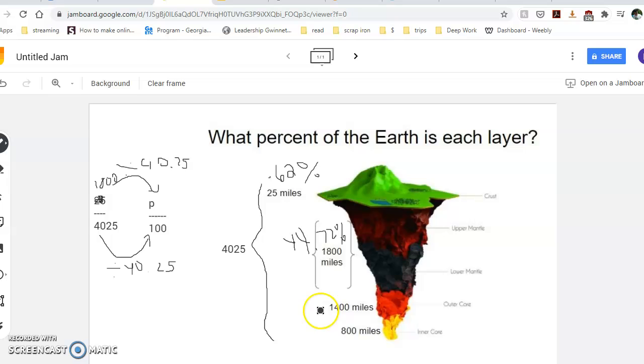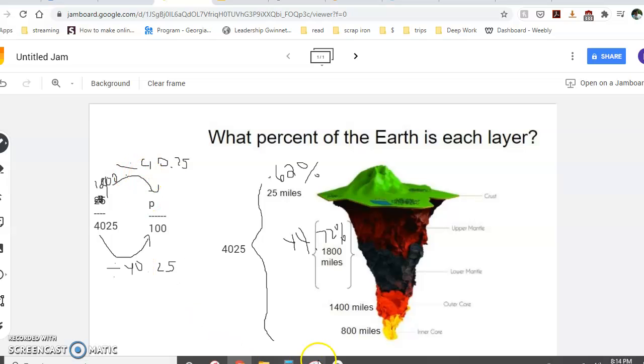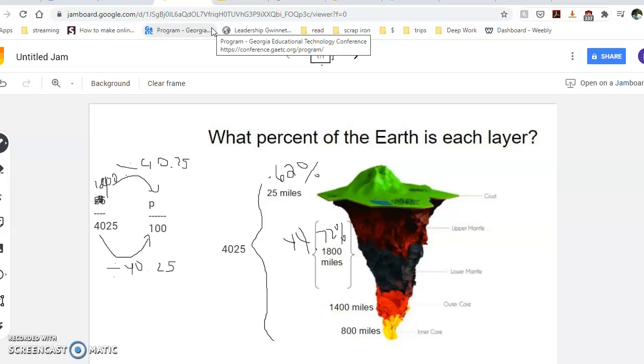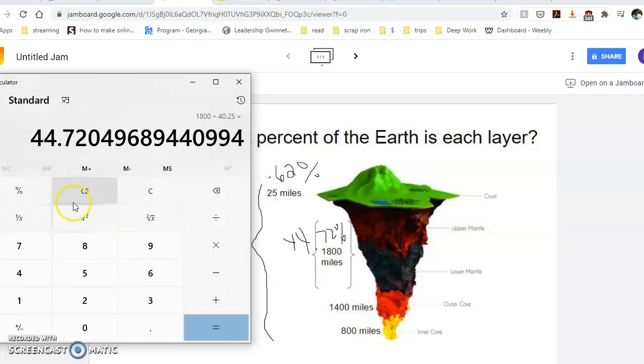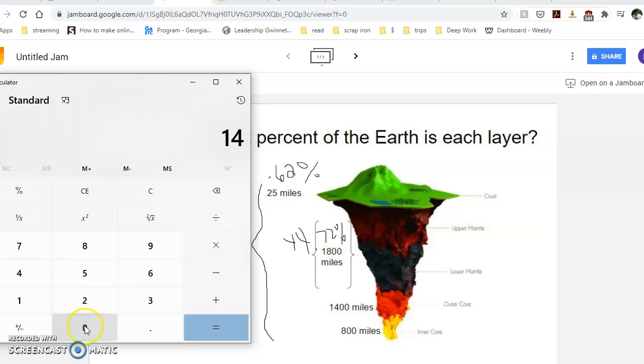So now I just do the same thing with 1,400. Instead of 1,800, it's 1,400. Still going to be a lot. Still a very large layer. The outer core, rather, inner crust. I don't even know what that means. That's a thing that came out of my mouth. That doesn't mean anything. The outer core, which is real, unlike the inner crust, is 1,400 divided by 40 and 2,500ths.